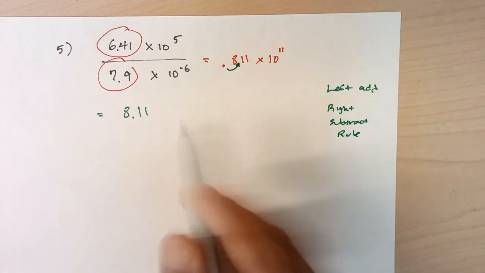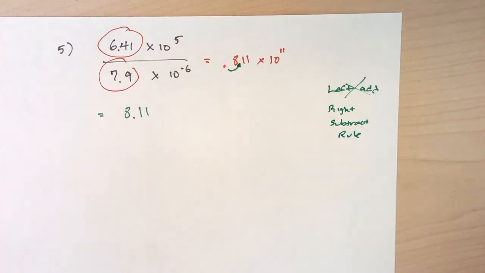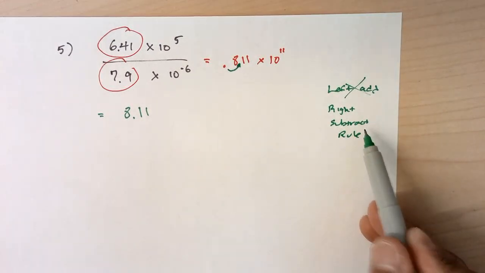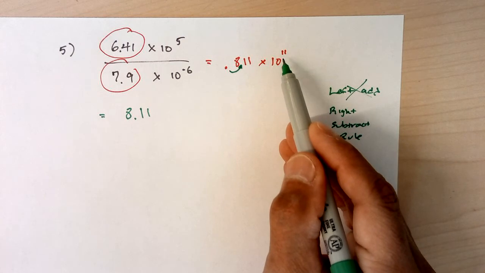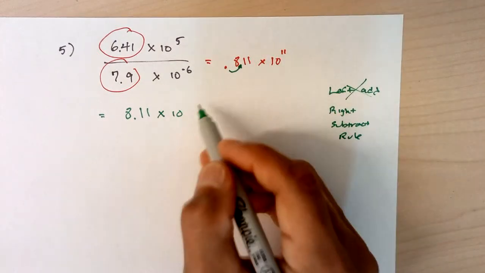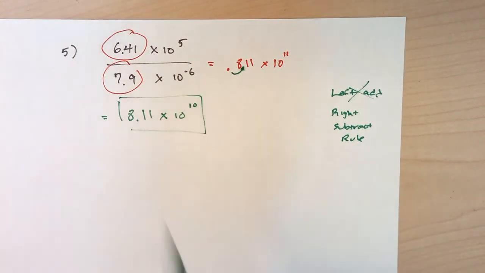In this case, I move the decimal to the right, so I'm not using the left add rule. I'm using the right subtract rule. I move the decimal one place to the right, so I subtract one from the exponent here. So times 10 to the 11 minus 1 is 10th. That's the number in scientific notation now.